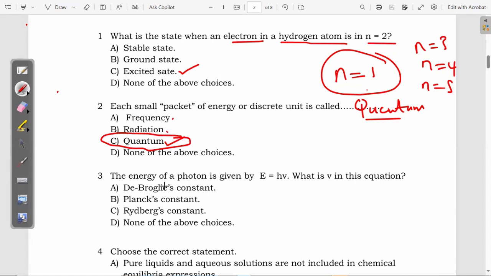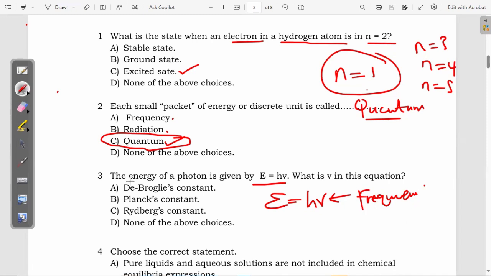Number 3 says the energy of a photon is given by the formula energy is equal to Planck's constant multiplied by this symbol that looks like a V. What is the V in this equation? This V represents the frequency.